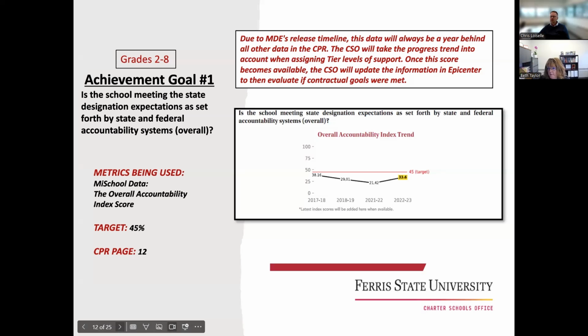Beth, how is the accountability index determined with schools that have multiple buildings? That's a wonderful question, Chris. Because the state does not give us a district accountability index score, what we are doing is taking both. If you have multiple sites, multiple schools, we will take an average of the 2 schools.